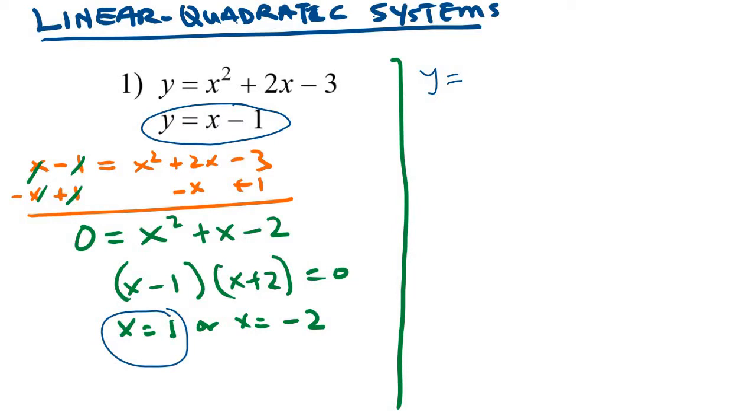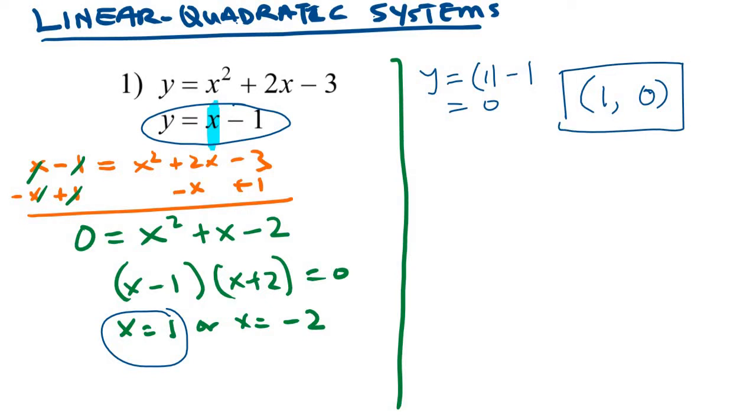Wherever we see x, we replace it by 1. So it will be 1 minus 1, so y equals 0. In that case, when x is 1, y is 0. That will be one of the coordinates of intersection.